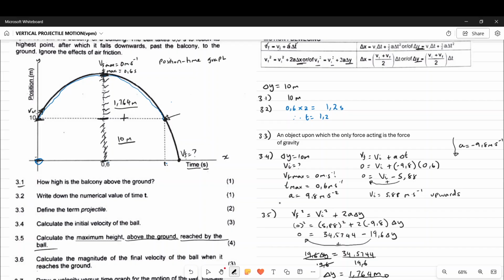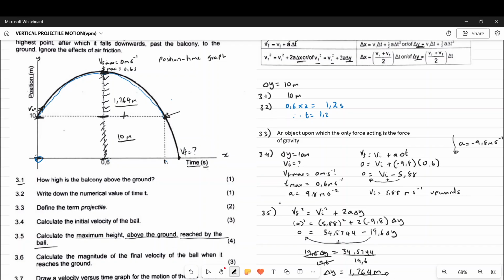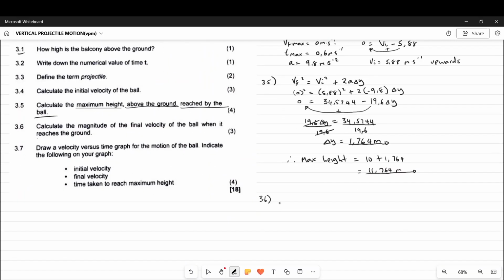Let's look at what information we can use. So we need to avoid time, right? So let's try and avoid time. We can use again Vf squared is equal to Vi squared plus 2a delta y.